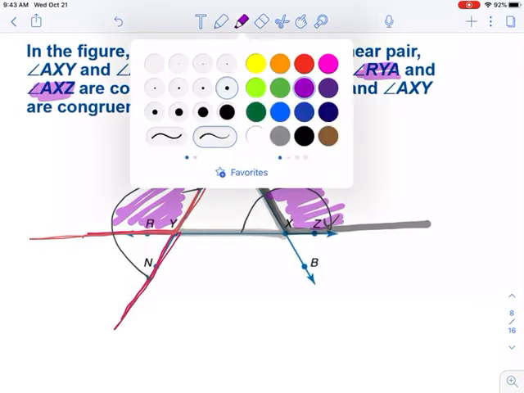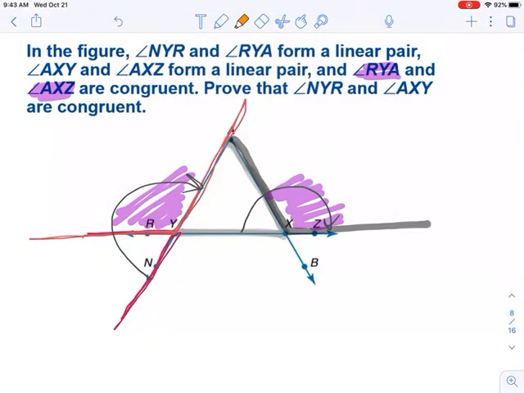Prove NYR. So this is what we're going to prove. Get orange here. Prove NYR. NYR is down here, and AXY is in here. We'll prove those two are congruent.